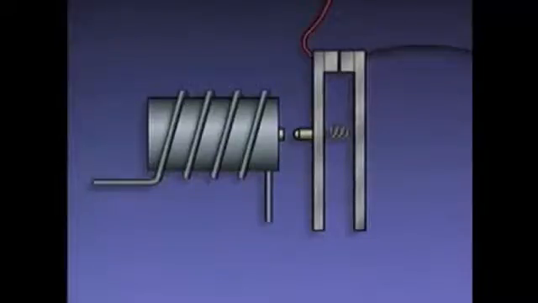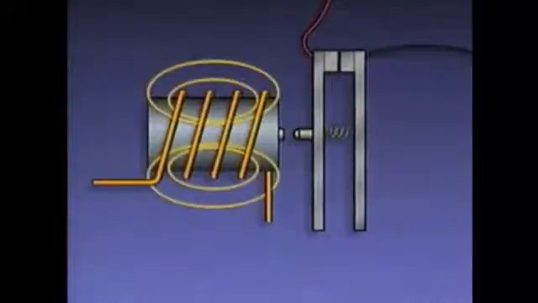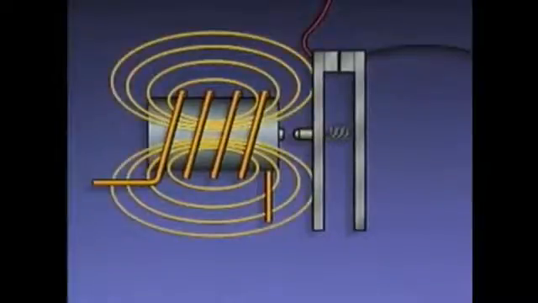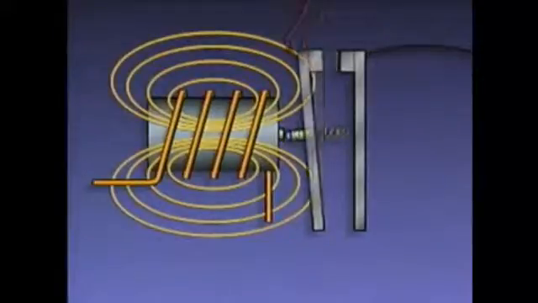When the power circuit is energized, current flows through the coil, creating an electromagnetic field. The strength of the electromagnetic field increases as the current level flowing through the coil increases. When the current level gets too high, the strength of the electromagnetic field increases enough to overcome the force of the spring and pulls the contacts apart, which interrupts current flow through the control circuit.